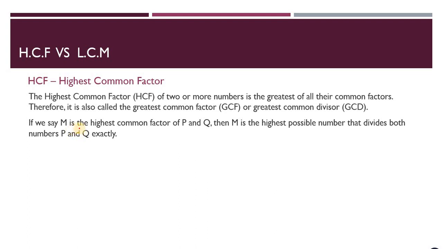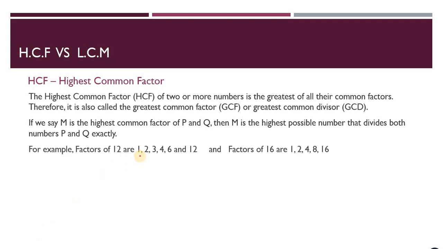If we say M is the highest common factor of P and Q, then M is the greatest possible number that divides both numbers P and Q exactly. For example, factors of 12 are 1, 2, 3, 4, 6, and 12. And factors of 16 are 1, 2, 4, 8, and 16. So we can see the common factors of 12 and 16.